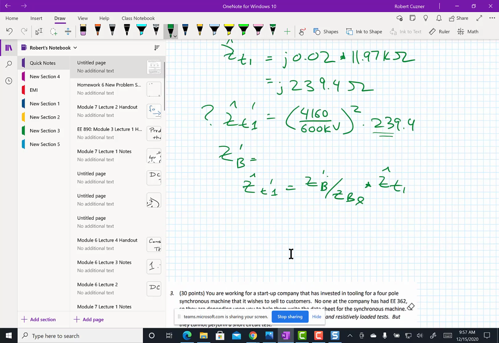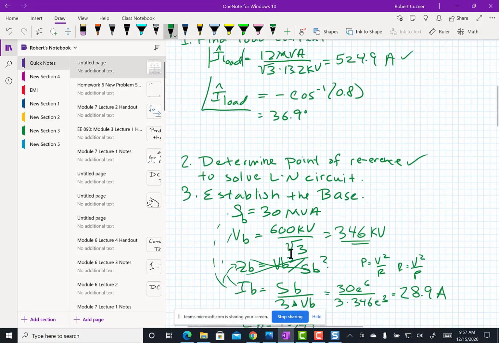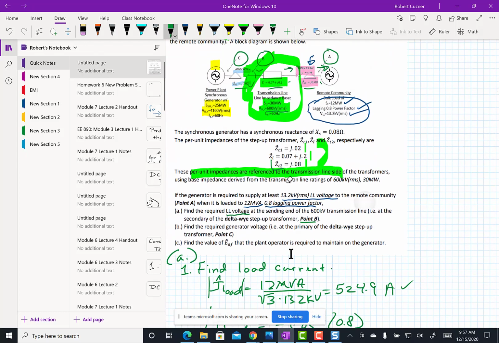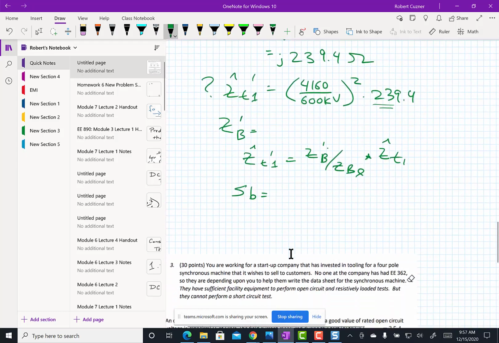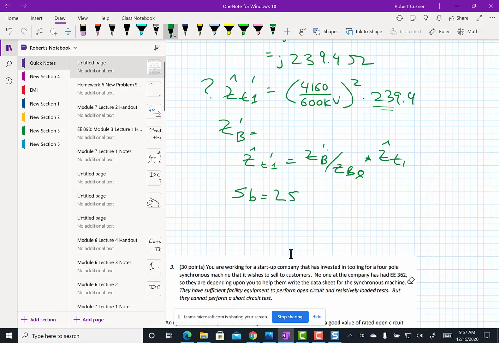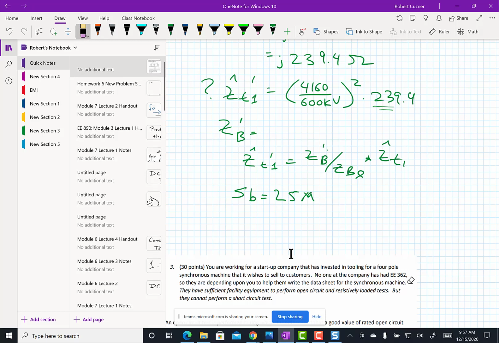And so the S base of the generator is 25 megawatts, or 25 MVA.